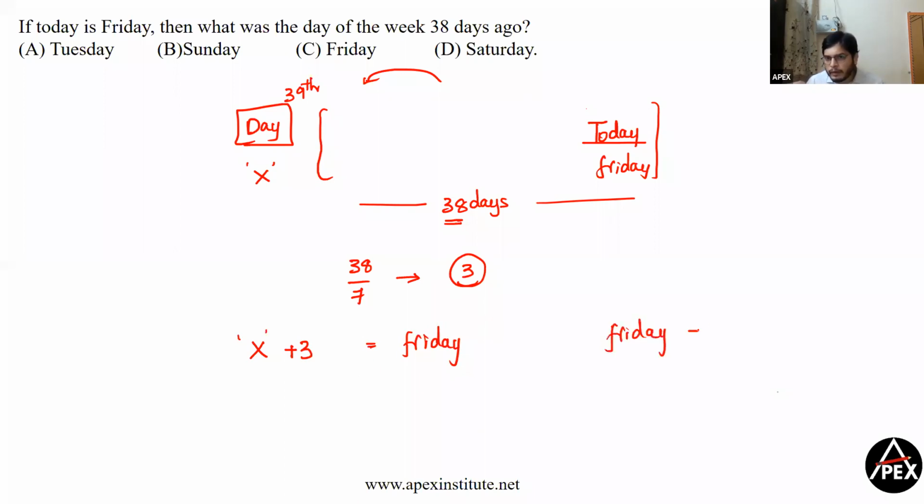If you are getting confused with days, convert the days into numbers. That's how I do it. The number corresponding to Friday is 5, subtract 3, the answer is 2, and 2 corresponds to Tuesday. So if today is Friday, then the day 38 days ago is Tuesday.